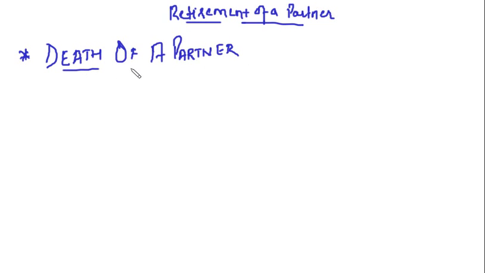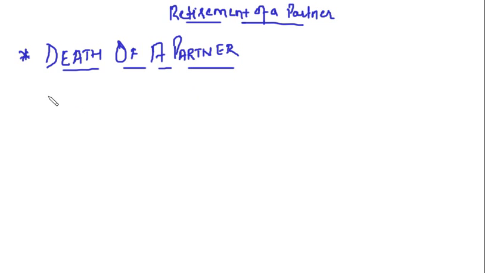Now, the death of a partner is almost equivalent to retirement of a partner. Say there are three partners in a partnership firm. One of the partners retires from the firm, or one of the partners dies. So death of a partner is almost equivalent to retirement of a partner.